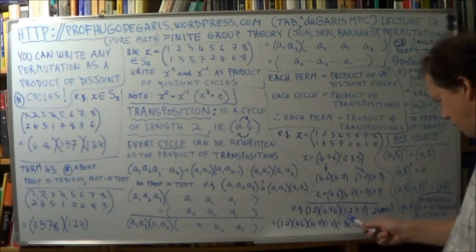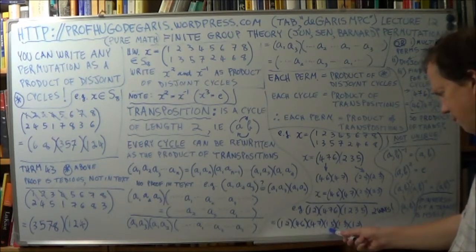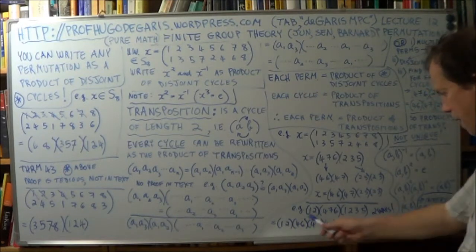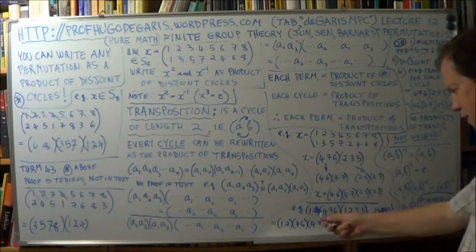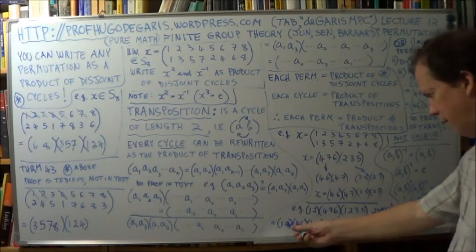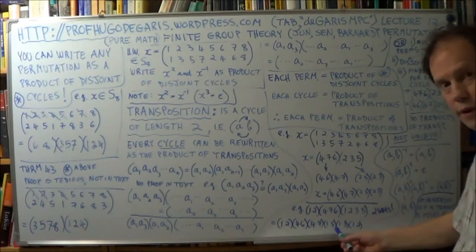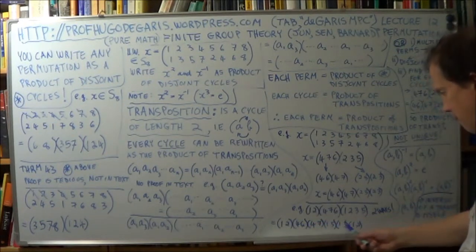The right hand one will be 1, 2 there, and then 1, 3 there, and then 1, 5 there. Okay, and there's the result. You've now taken this product of cycles and split it up, in a sense, into a product of transpositions.